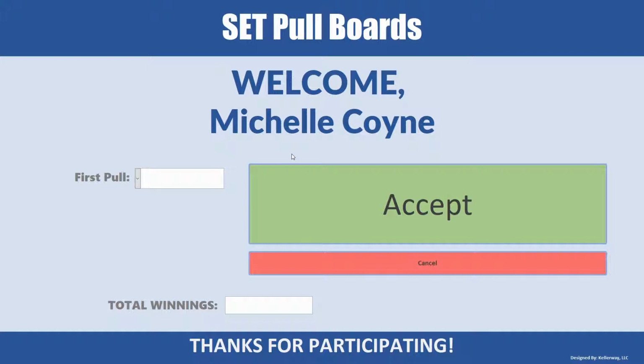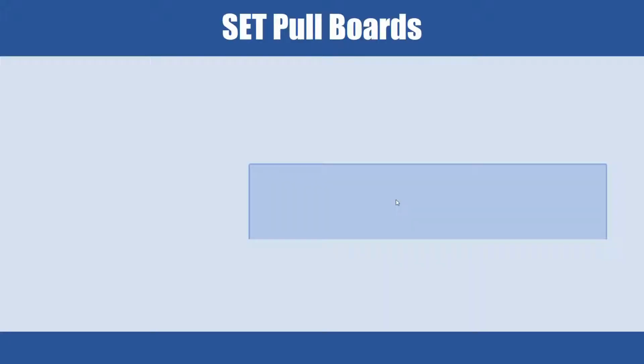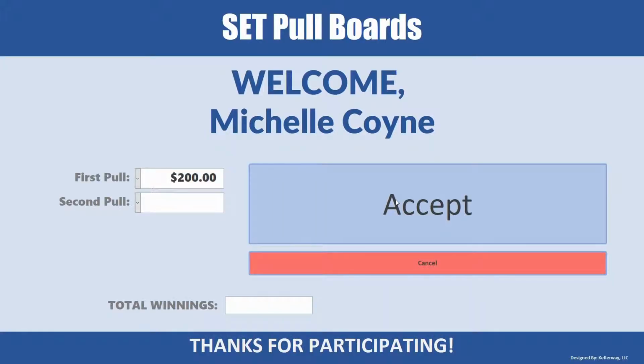I'm going to use the same numbers just because, actually no, I'm sorry, you know what? Let's just say the scan didn't work, right? So we do still have the pull down list of all the values of the first pulls that are available. So we can go ahead and choose one of those. Michelle comes back, she gets a second pull.